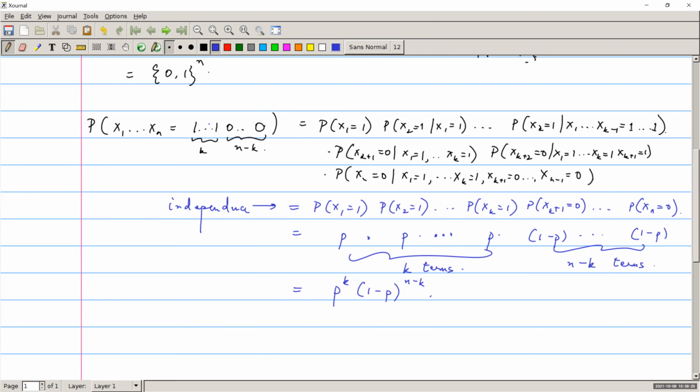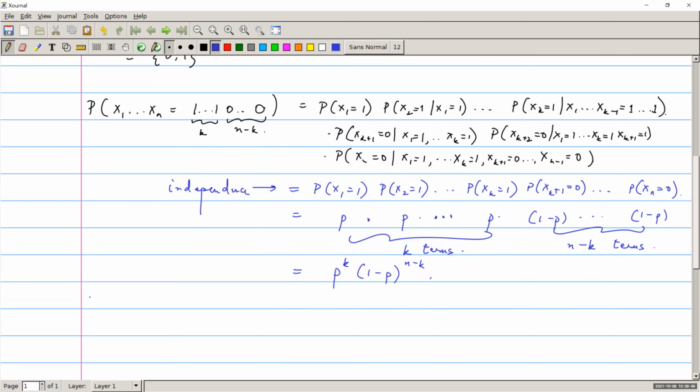You'll still get a product of n terms, exactly k of them will be p, and n minus k of them will be 1 minus p. So any individual sequence with exactly k ones and n minus k zeros will have probability p to the k times 1 minus p to the n minus k. So this is how the probability distribution looks.